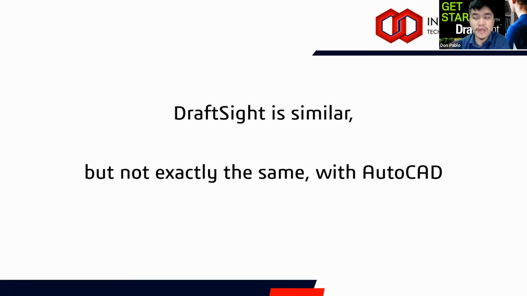Okay, so basically, we have concluded in those two webinars that DraftSight is similar, but not exactly the same with AutoCAD. So if you want to have savings in using CAD applications, DraftSight is the best choice for you.